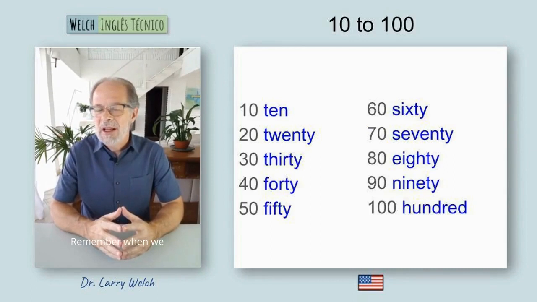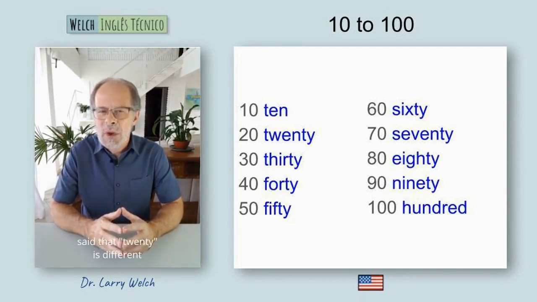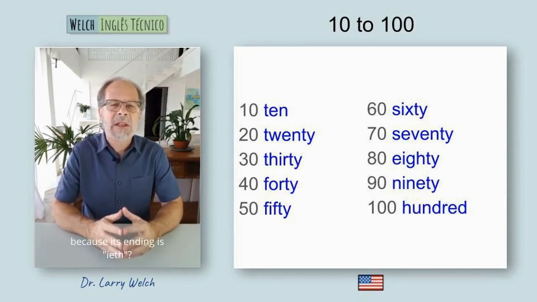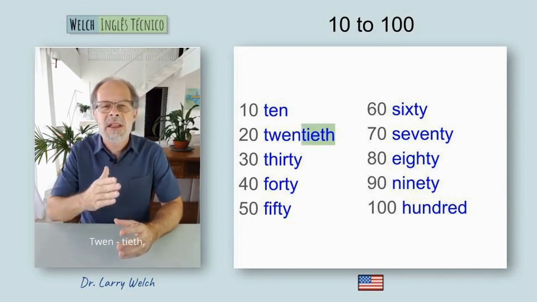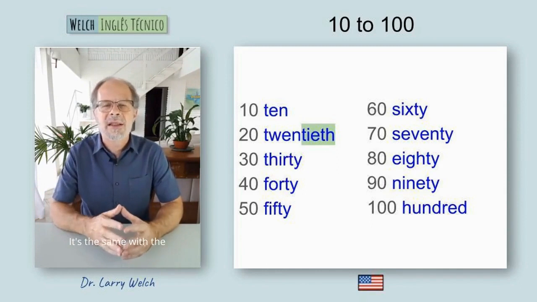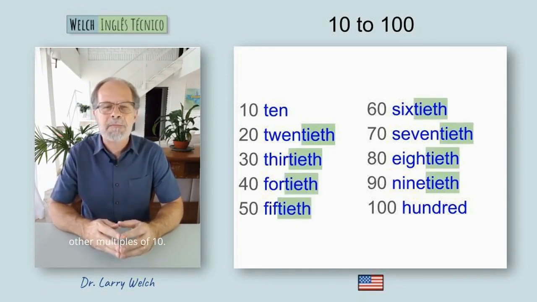Remember when we said that 20 is different because its ending is eth, 20th. It's the same with the other multiples of 10.